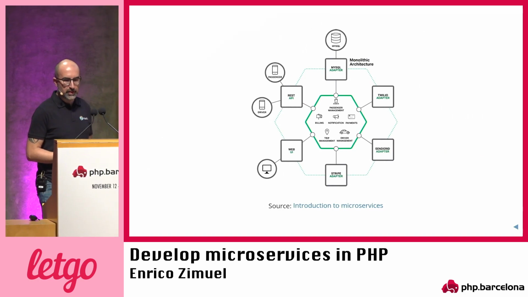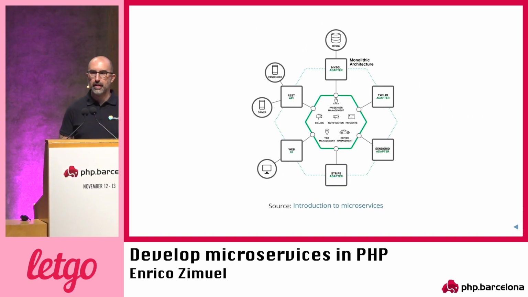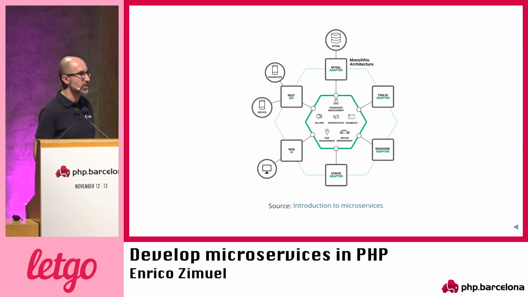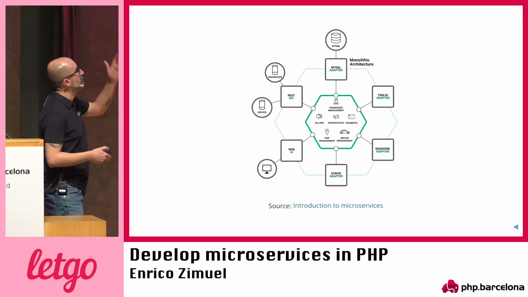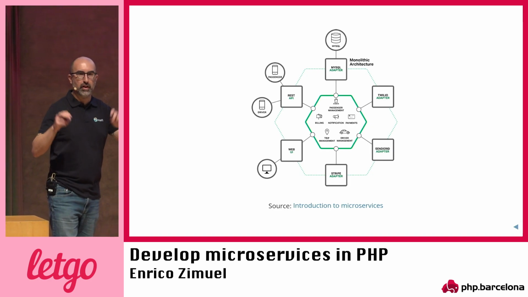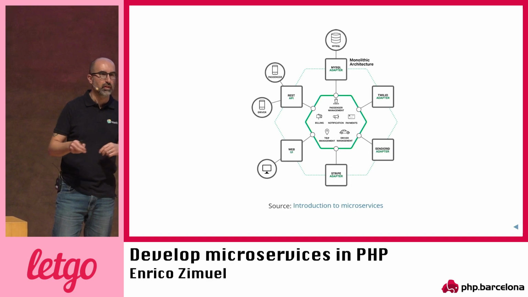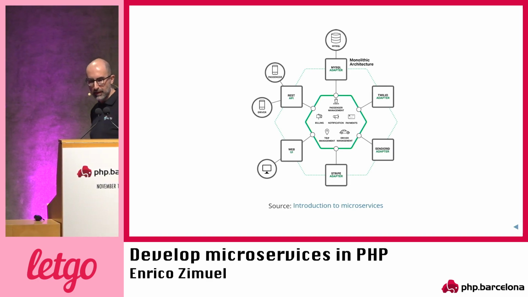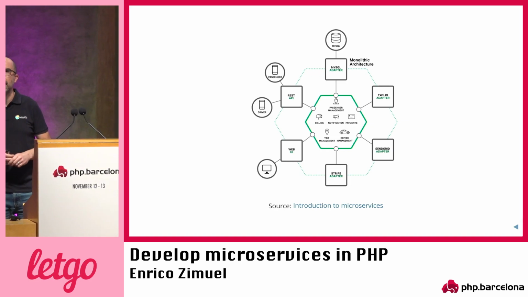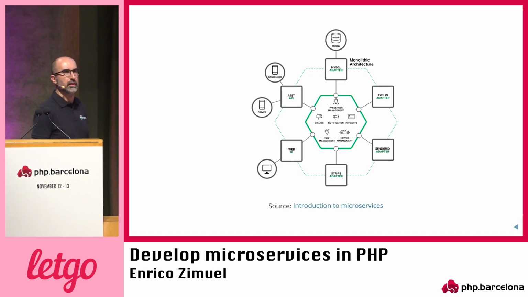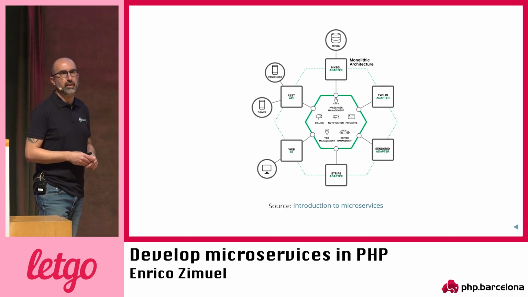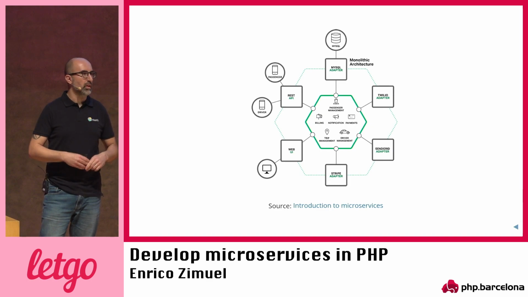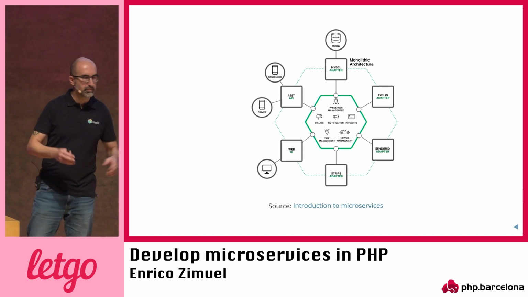So, for instance, this is a monolithic application, as we had a lot of this example in the PHP world. This can be like an Uber kind of application where people can call taxis, cars, have a share and stuff like that. As you can see, there is this big green application in the center that manages everything. So you can think of one PHP application that manages the entire workflow, that exposes an API, whatever.